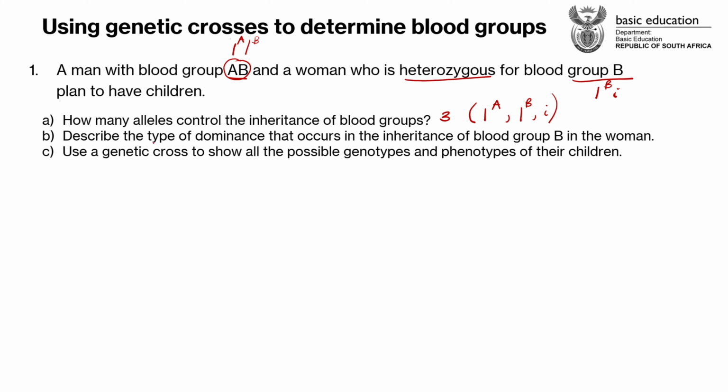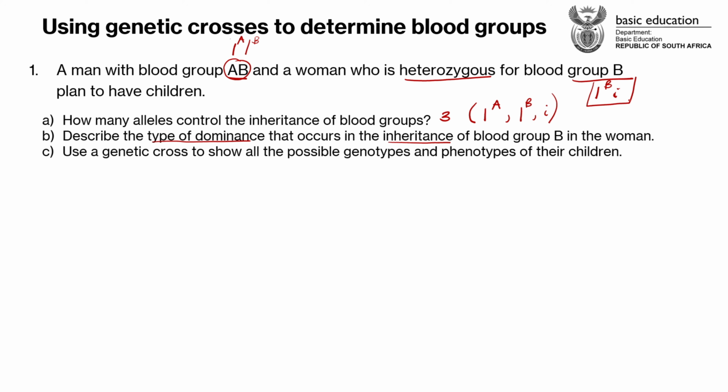B says describe the type of dominance that occurs in the inheritance of blood group B in the woman. What is the type of dominance that occurs in the inheritance of blood group B in the woman? So basically, for this woman to have this genotype I^B and small letter i, they want you to describe what type of dominance that is for her to end up having that genotype.